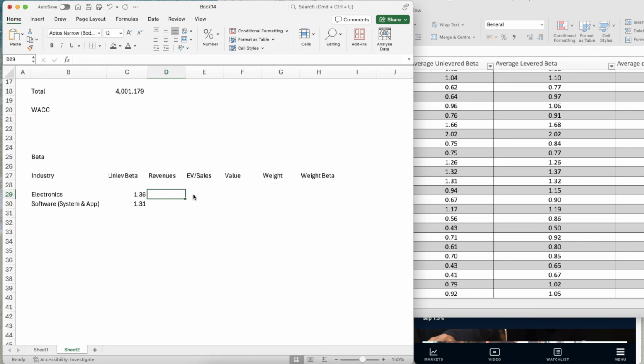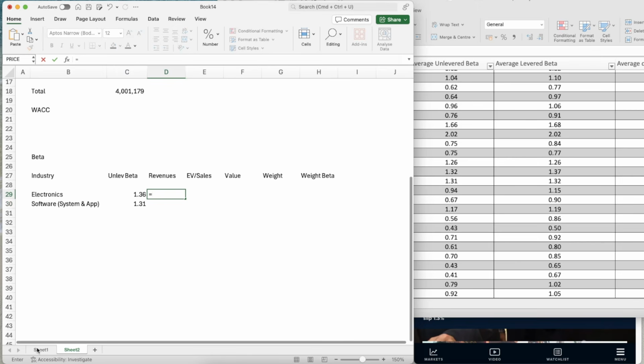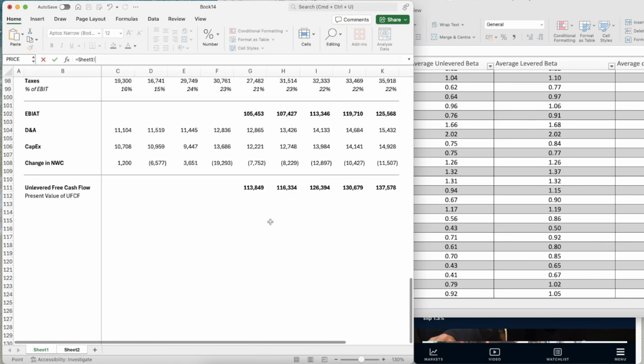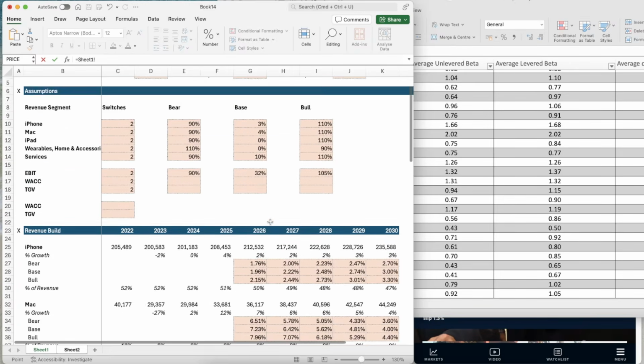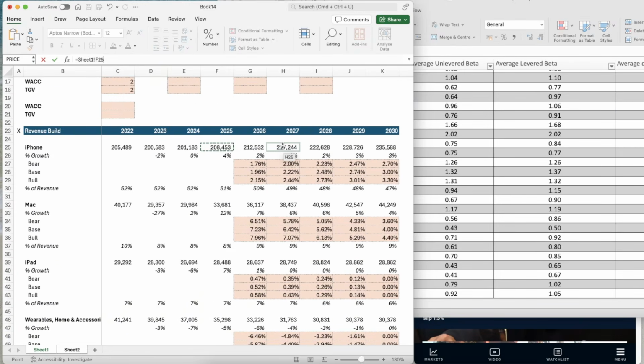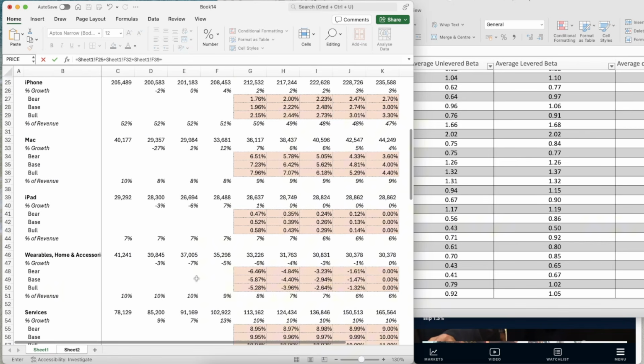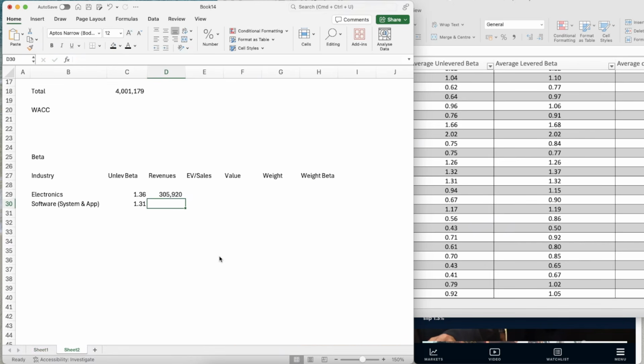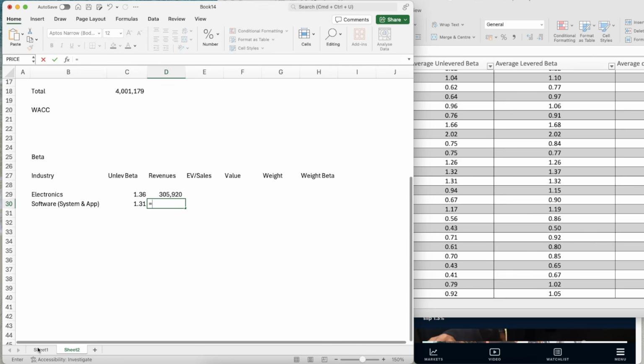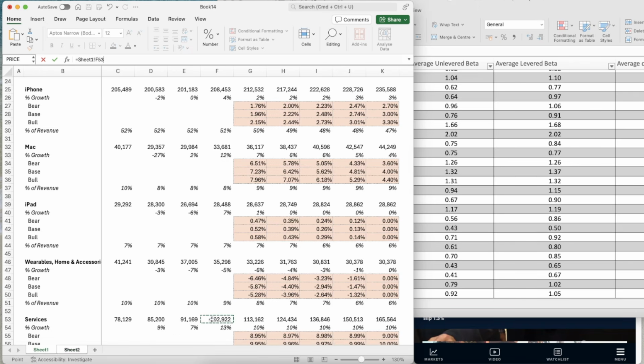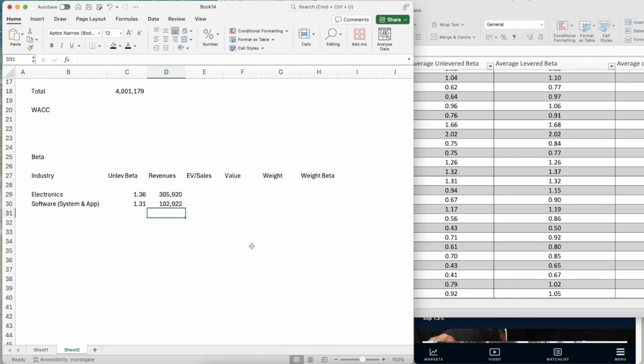The revenues for these: for electronics, it's going to be iPhone plus the Mac plus the iPad plus the wearables. And the services is for the software and system.